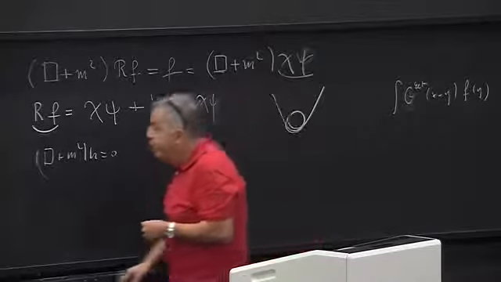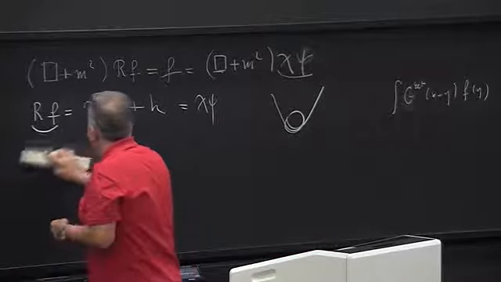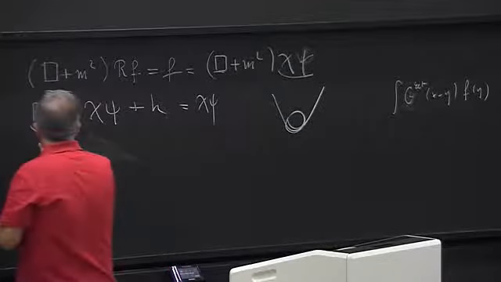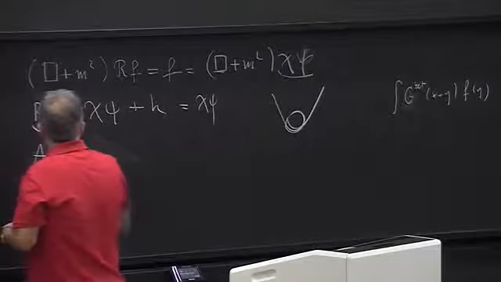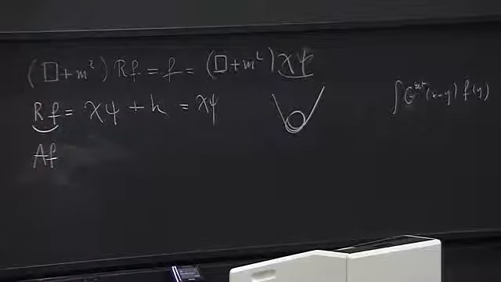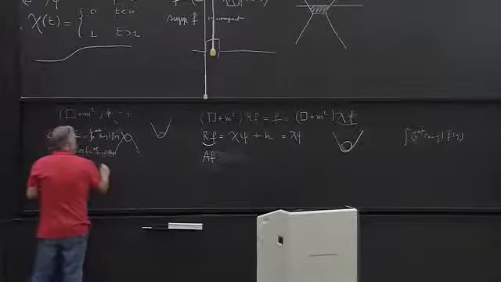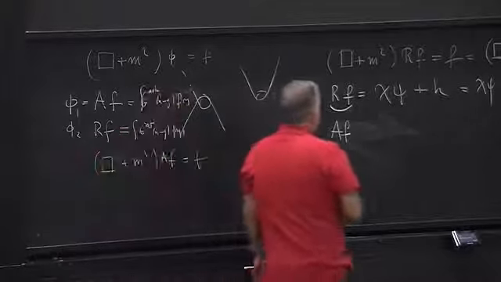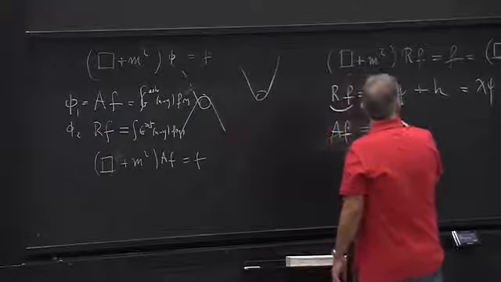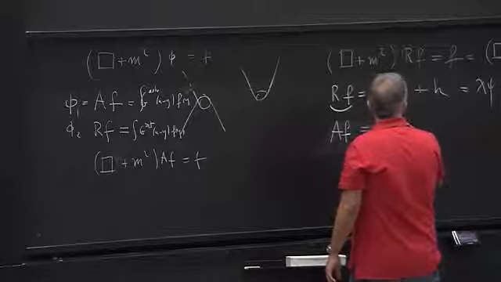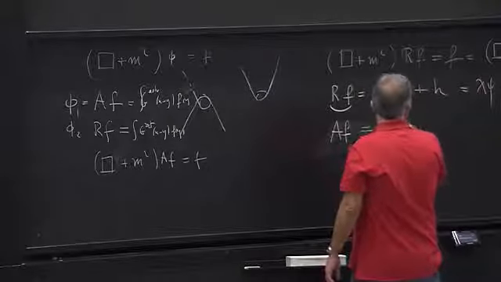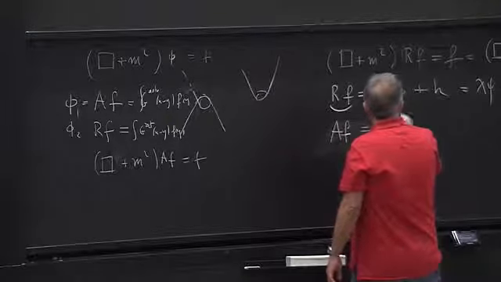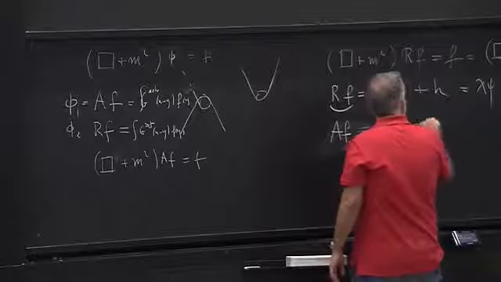If you do the same argument for the advanced, so that the Klein-Gordon equation applied to AF equals f, you conclude that AF equals, again, chi psi plus H2.